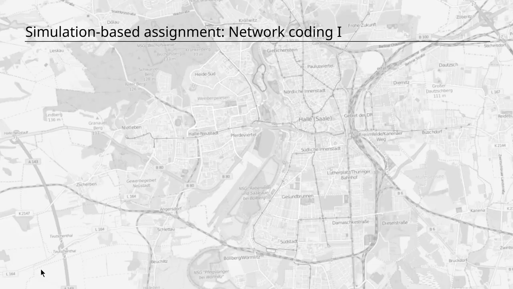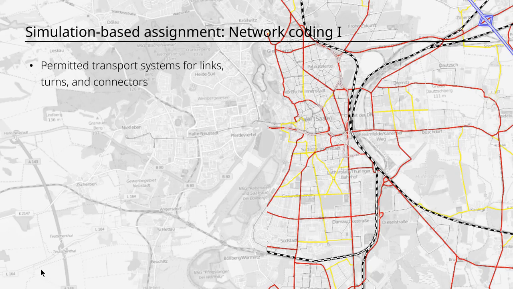So now we come to some basics of network coding. As in any transport model, the permitted transport systems for links, turns, and connectors must be defined. Then for links, it is necessary to define the number of lanes and the free flow speed.